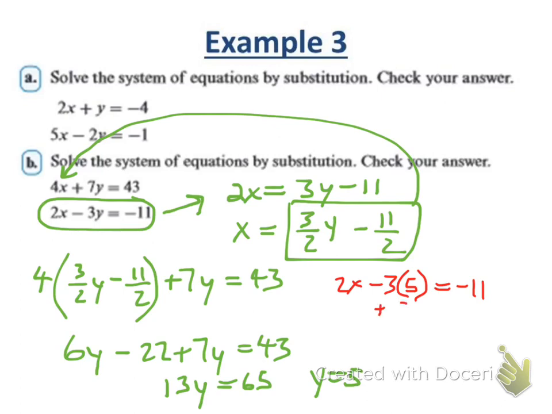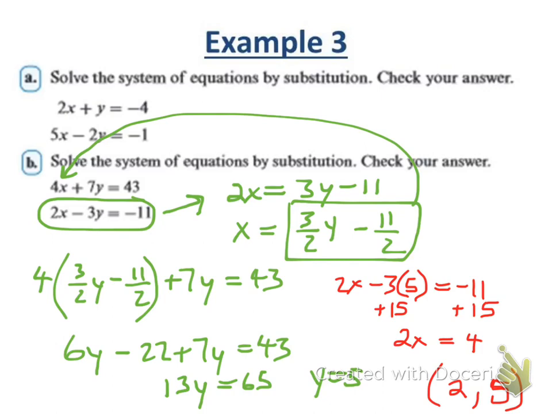If I add 15 to both sides, I get 2x equals 4, which means x equals 2. So it appears that my solution is 2, 5.